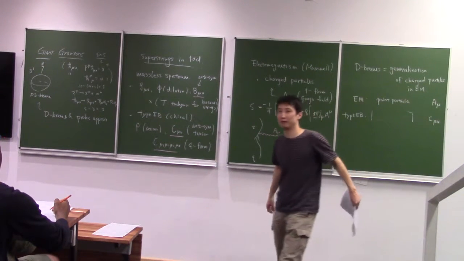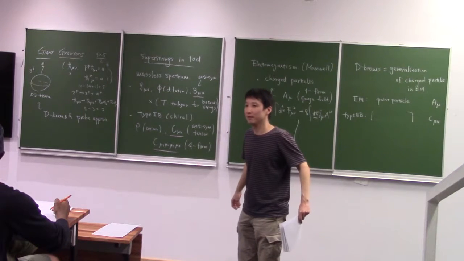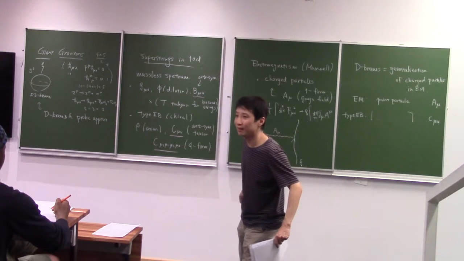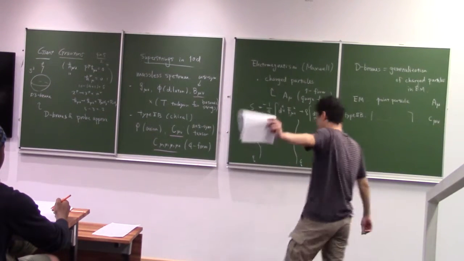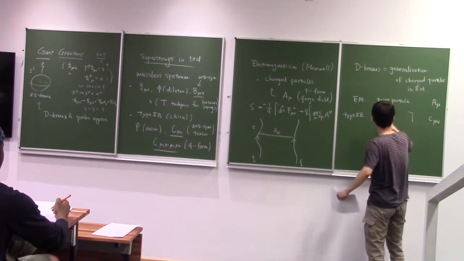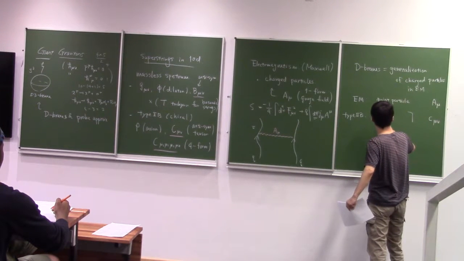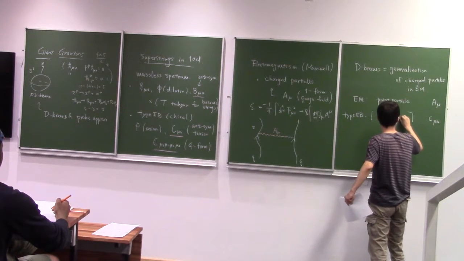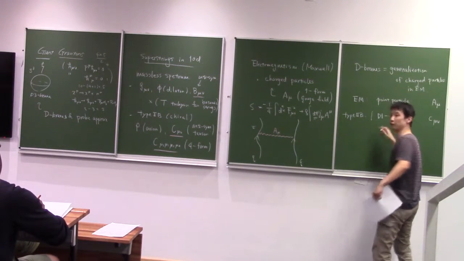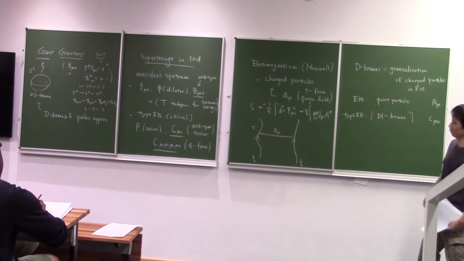It could be like a two-dimensional space. Yes, exactly. So this is called a D1-brane.